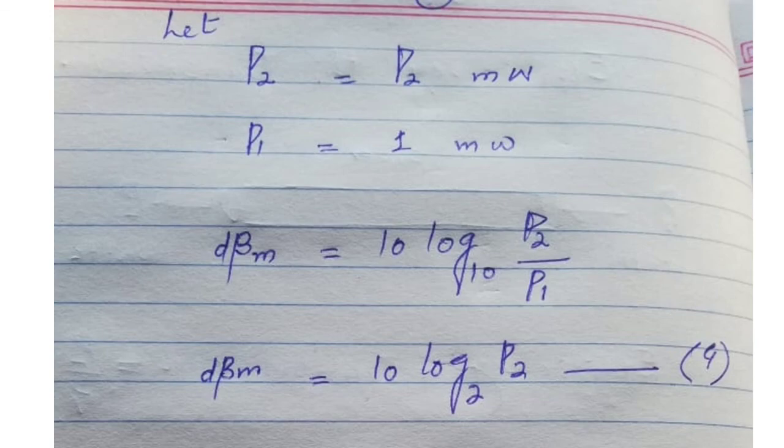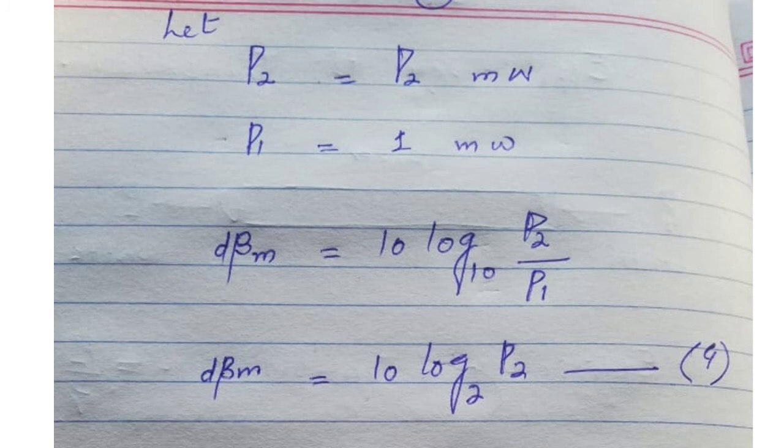Okay. Now we consider P2 in milliwatts. Let's say P2, the output power of a system, is P2 milliwatt.